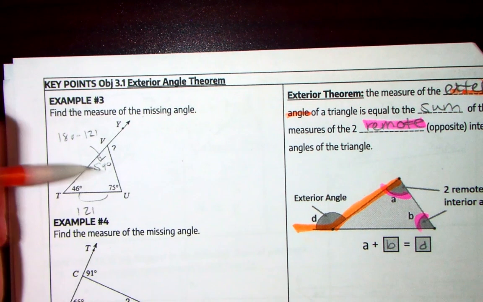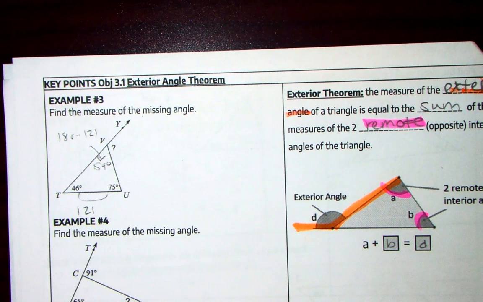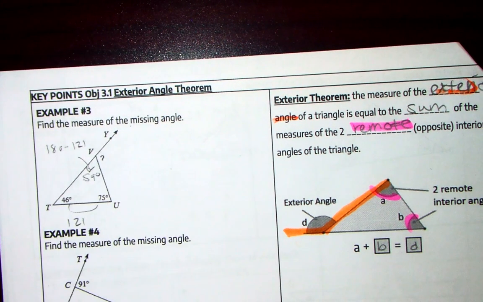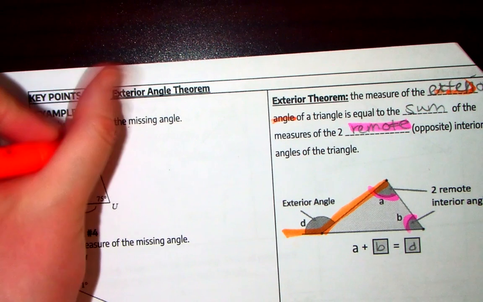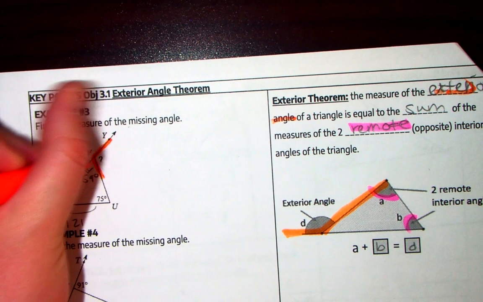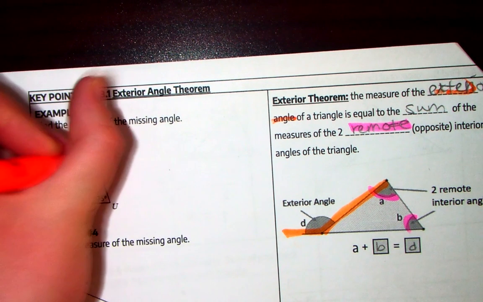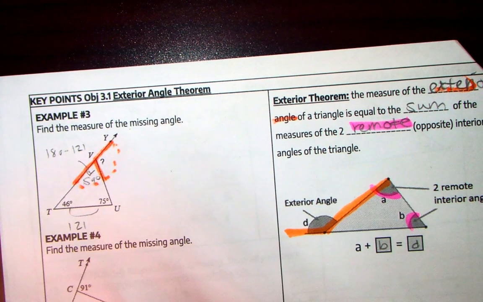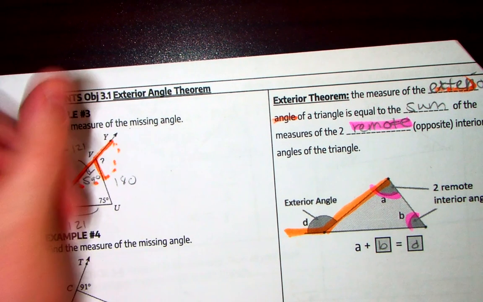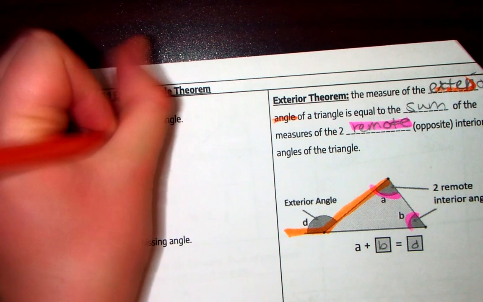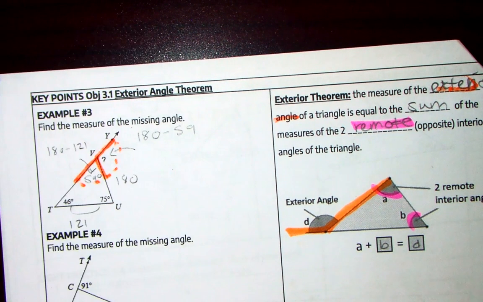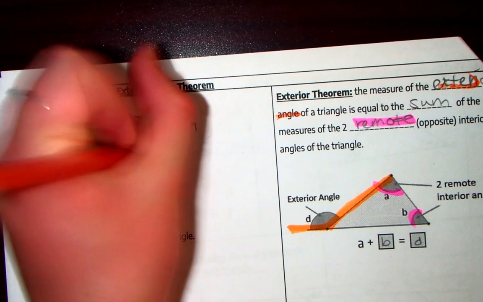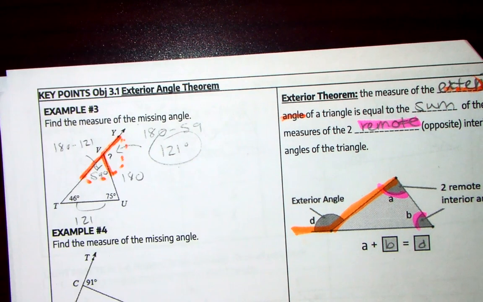And then to find that outside exterior angle, I could notice that this is my exterior angle, right? Notice though, connected here, a linear pair gets formed. So they add to 180. So to find this angle, I can do 180 minus 59, and I get 121 again, right?